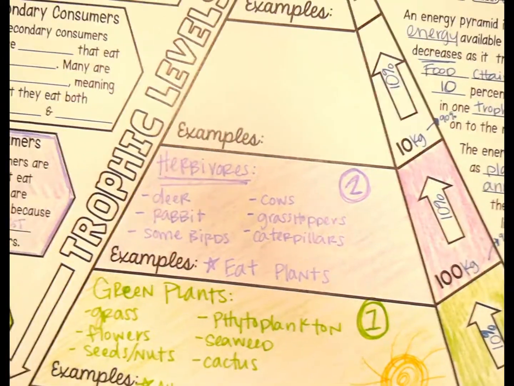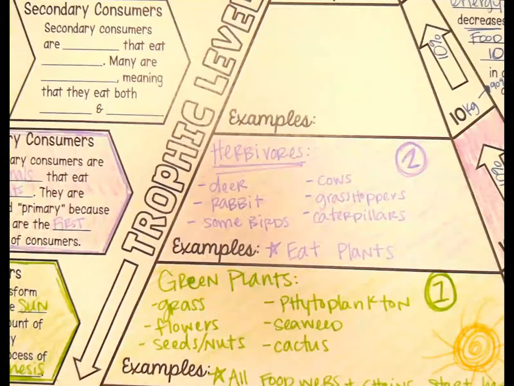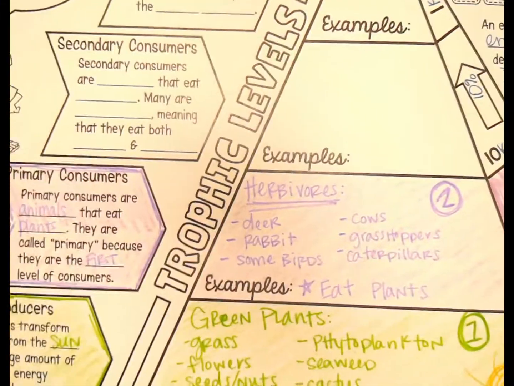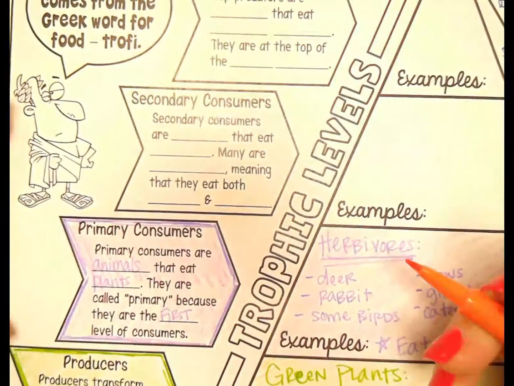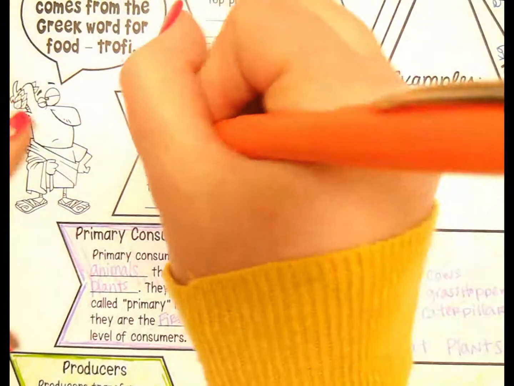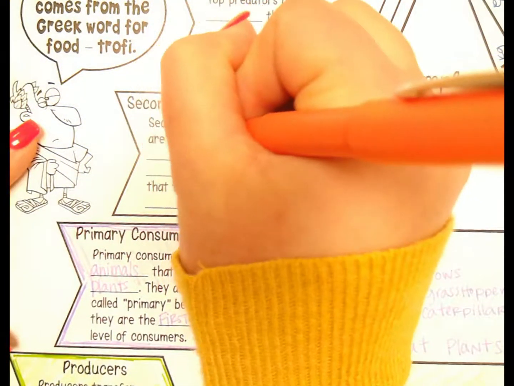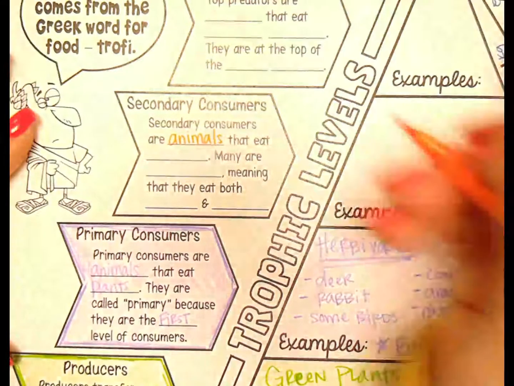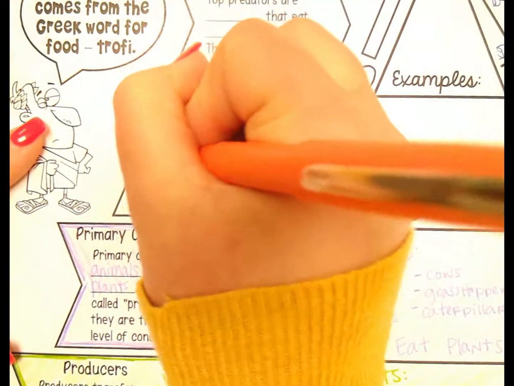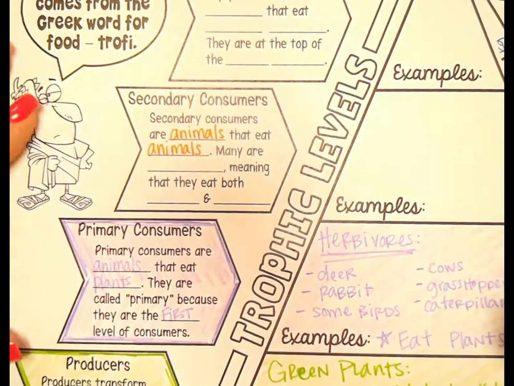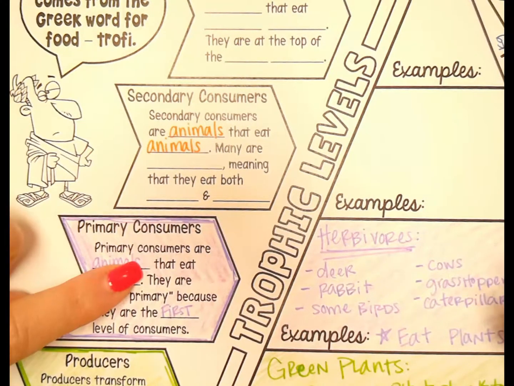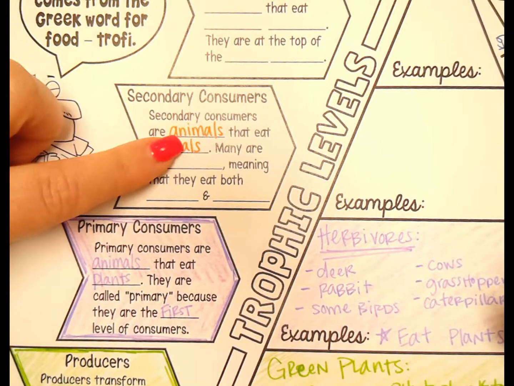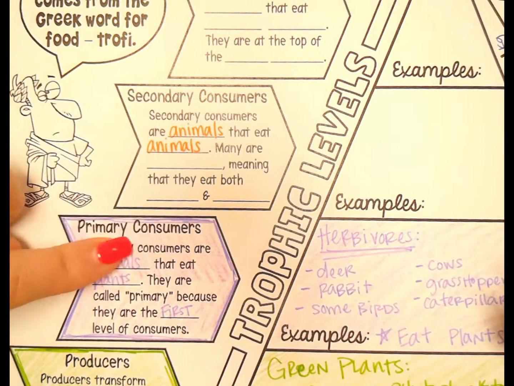Okay, we're going to switch to orange for our next trophic level. Our secondary consumers. And our secondary consumers are animals that are going to eat other animals, right? We call them secondary consumers because they are the second consumer, right? These consumers eat plants. These consumers are going to eat the consumers that eat plants.